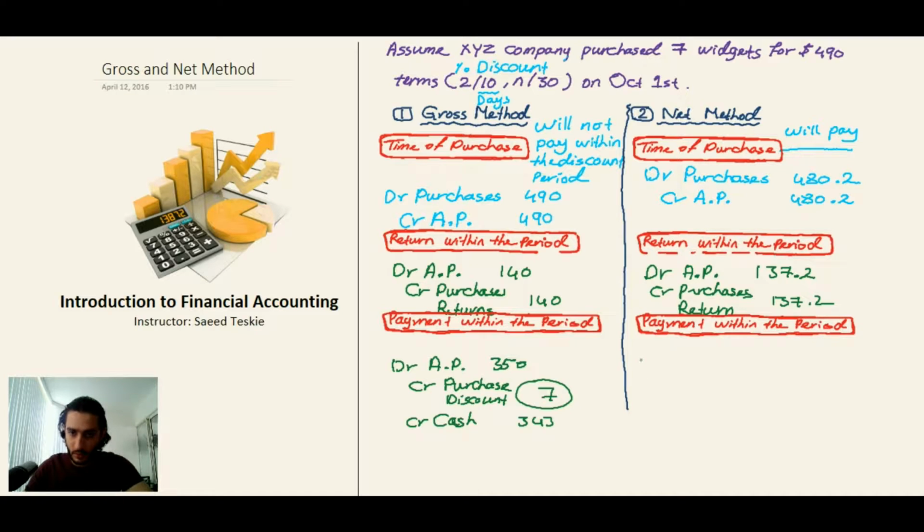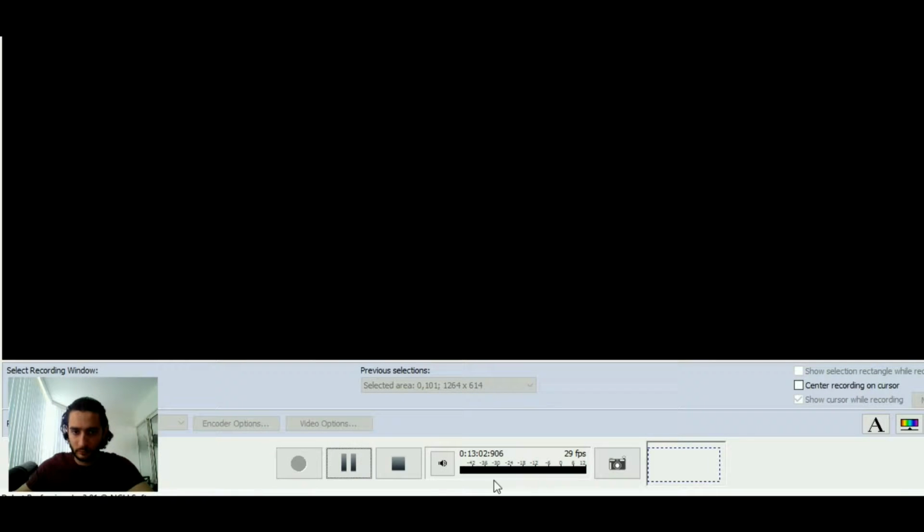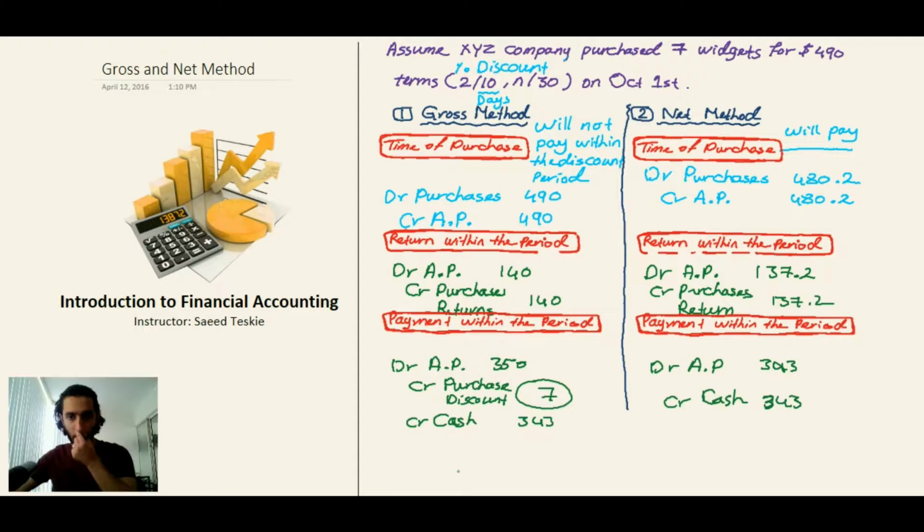So here we will debit accounts payable with 343. We will credit cash with 343.